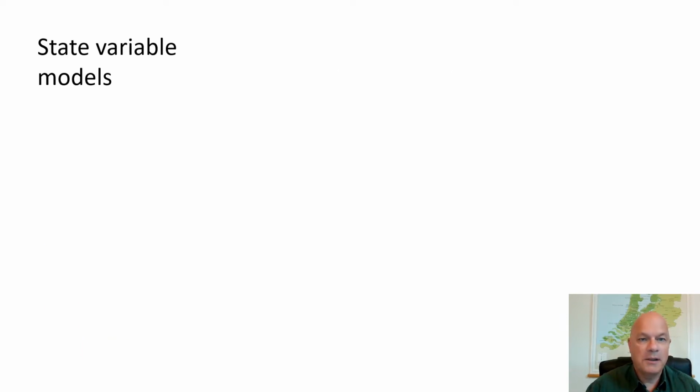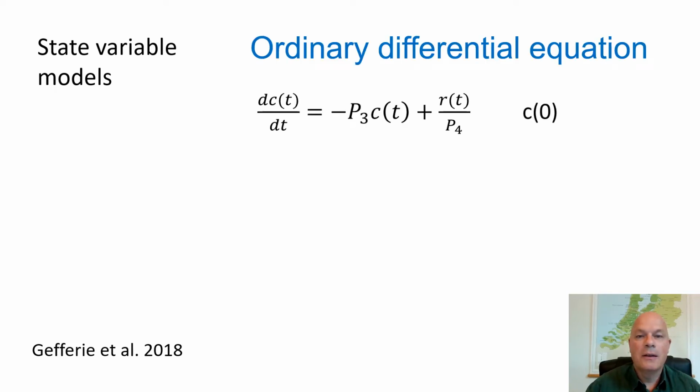So what is a state variable model? And this is again hopefully a reminder, but I'll take the Jeffrey et al. example. The relationship between rate of oxytocin infusion and concentration in the blood can be written by this ordinary differential equation.